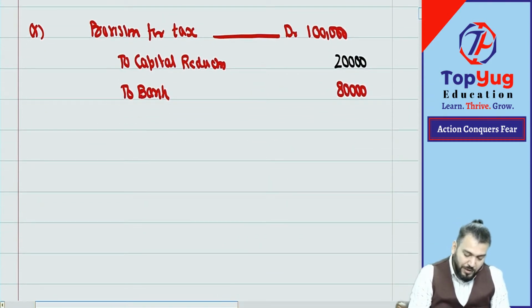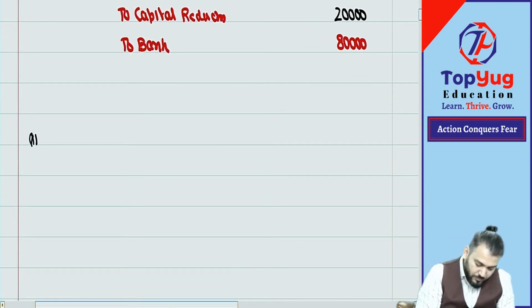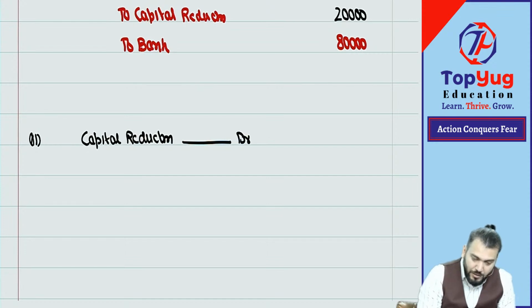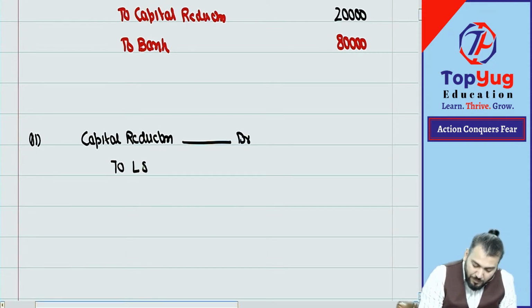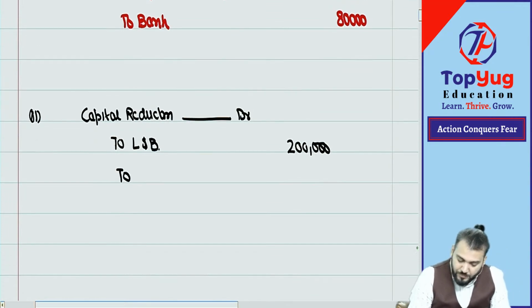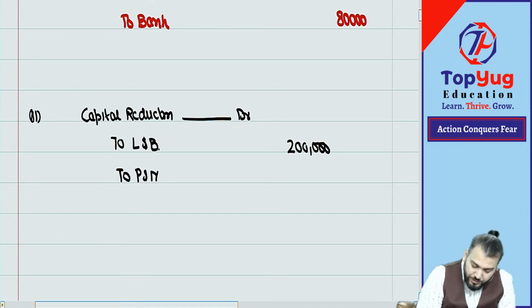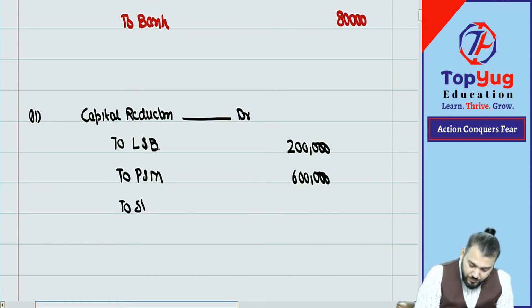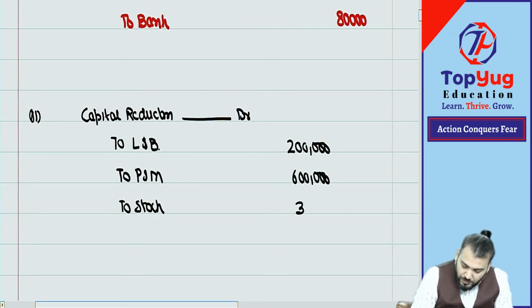Point number 11. Tell me: capital reduction account debit to what? First is land and building, how much? 2 lakh. Then plant and machinery, how much? 6 lakh. Then to stock, how much? 3 lakh.